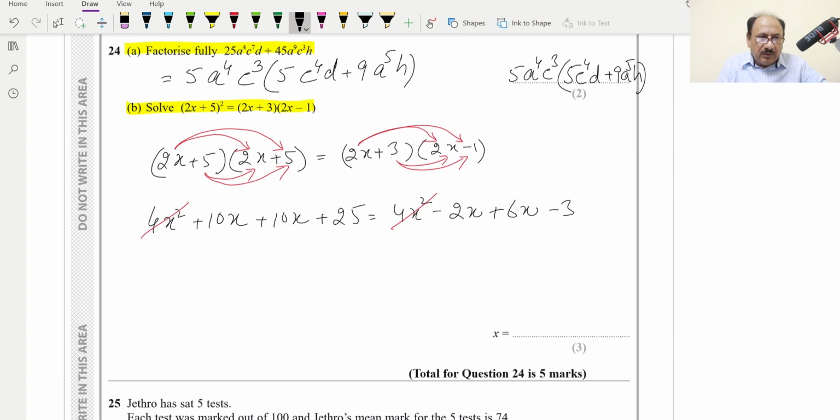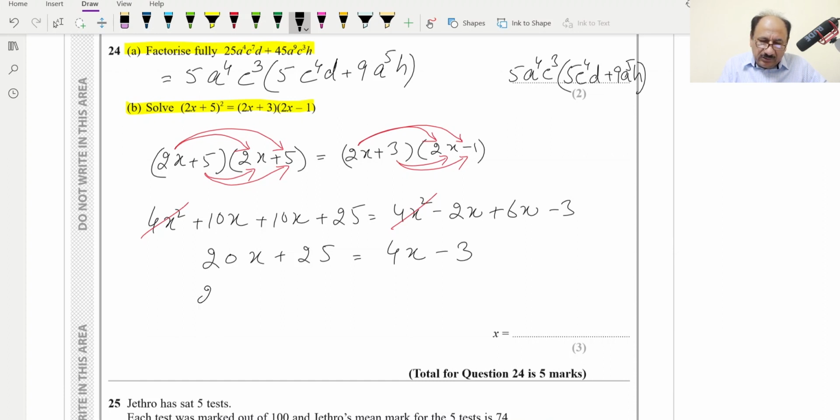So 10 plus 10 will be what? 20x. So 20x plus 25 is equal to 2x plus 6x, which is 4x, minus 3.